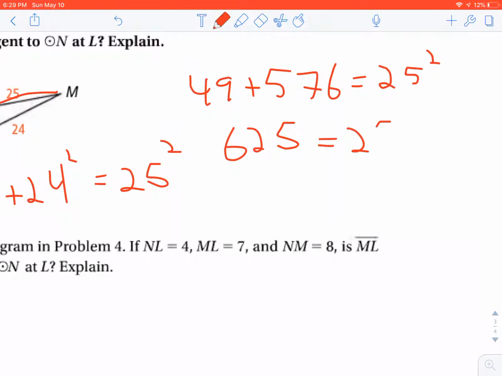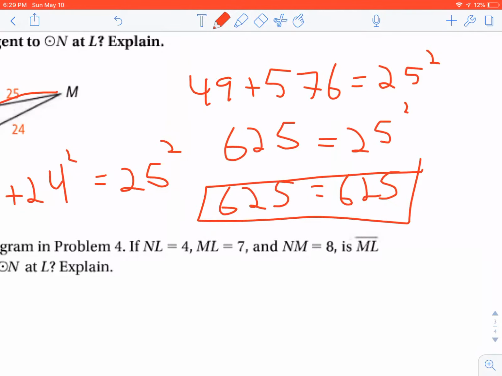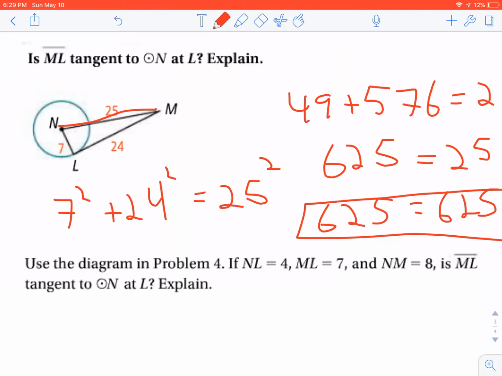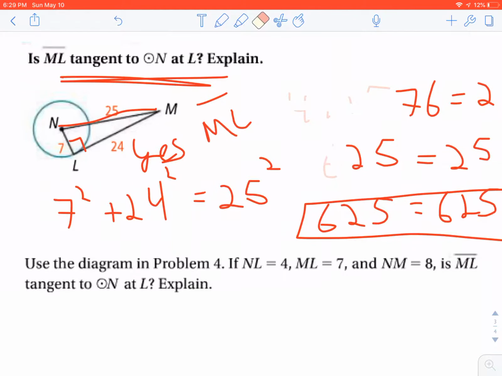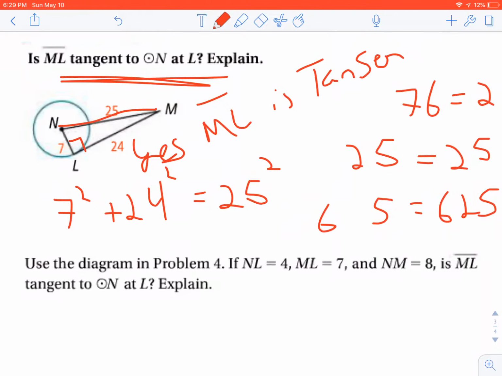Does that equal 25 squared? The answer to that question is yes, it does. 625 is equal to 25 squared because that is also 625. Therefore, this is a true statement. Therefore, this is a right triangle. Therefore, the answer is yes. ML is tangent.